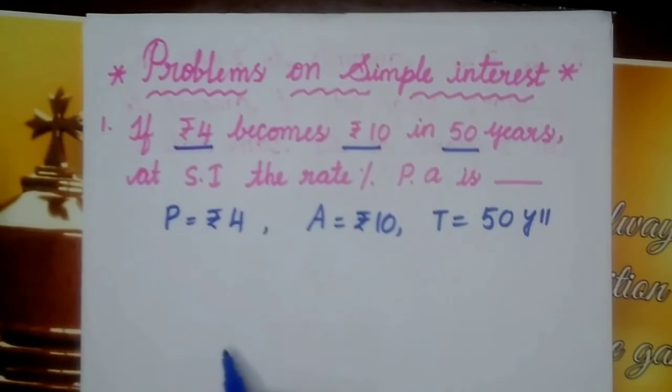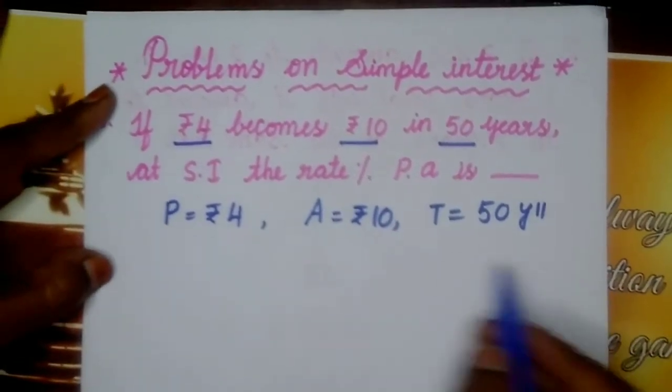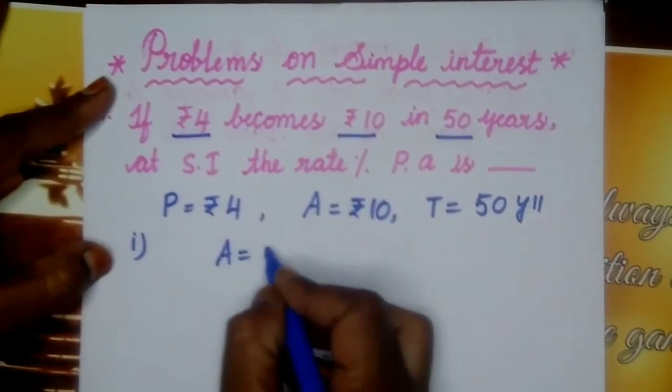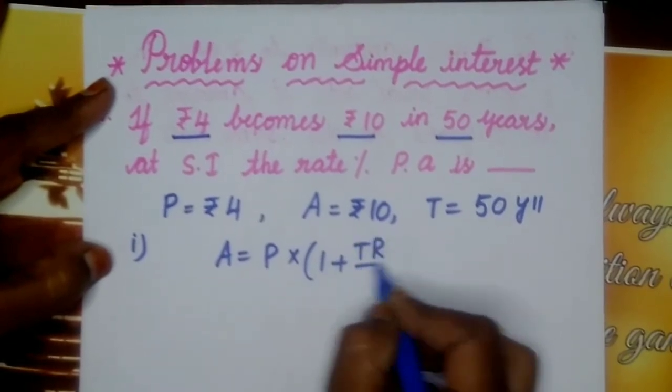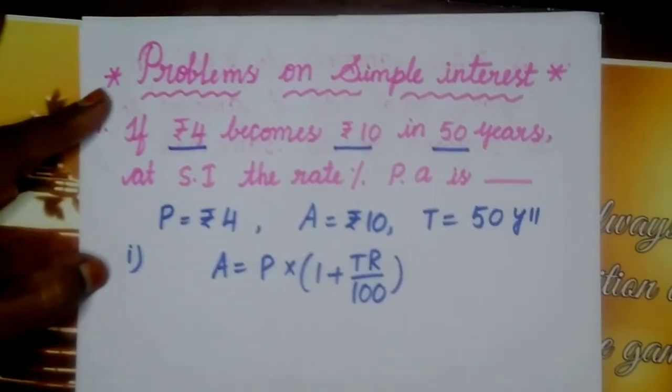Here we have two methods to solve this question. Both methods I'll explain. The first method is A equals P into (1 plus TR by 100). This is the formula I'm using.